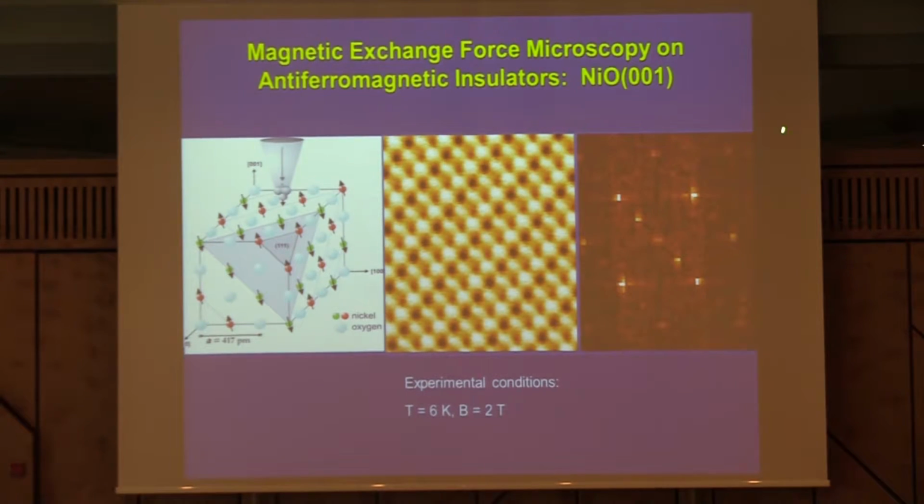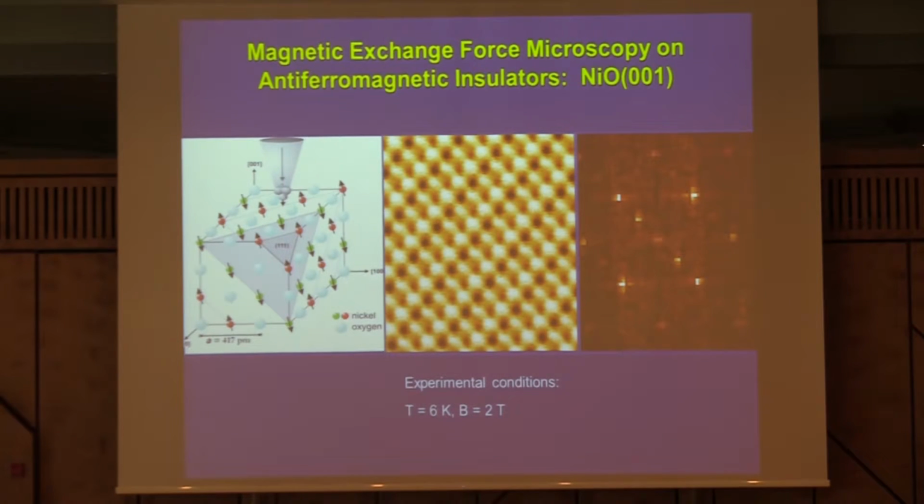And here we used as a first test case the very well-known nickel oxide surface in 001 orientation, and you can beautifully see in the real space data, but also in the Fourier transform of the raw data here, these additional spots which relate to the antiferromagnetic ordering here.